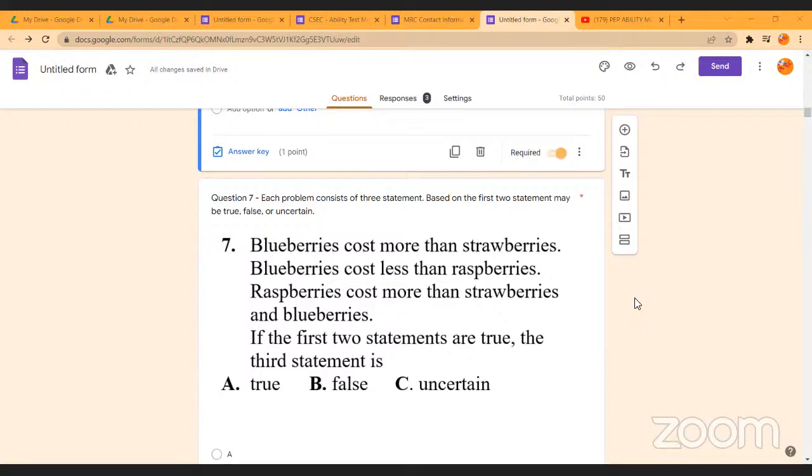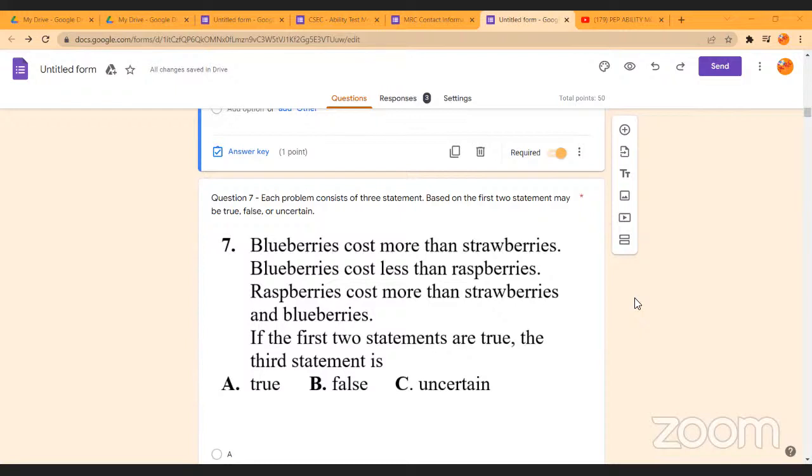Blueberries cost less than raspberries. Raspberries cost more than strawberries and blueberries. If the statements are true, the third statement is false. Third statement is false. So you say your answer is false.